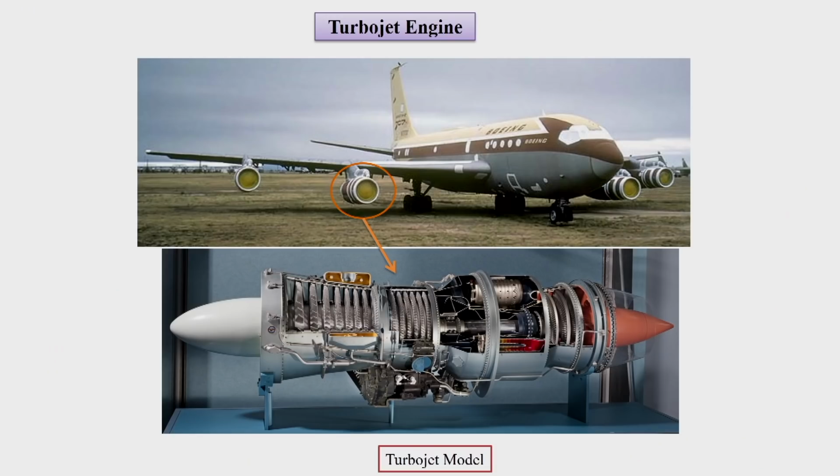In a turbojet engine we have multiple components: the compressor, the turbine, the combustion chamber, and the nozzle.